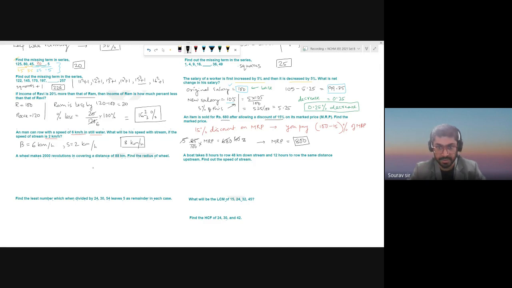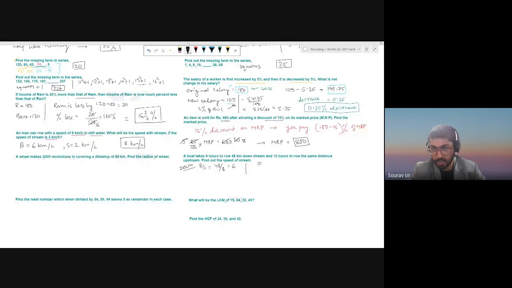Right. Next one. A boat takes 8 hours to row 48 km downstream and 12 hours to row the same distance upstream. Okay. So let's calculate the downstream speed first. Now speed is distance by time. So 48 by 8, right? 6.